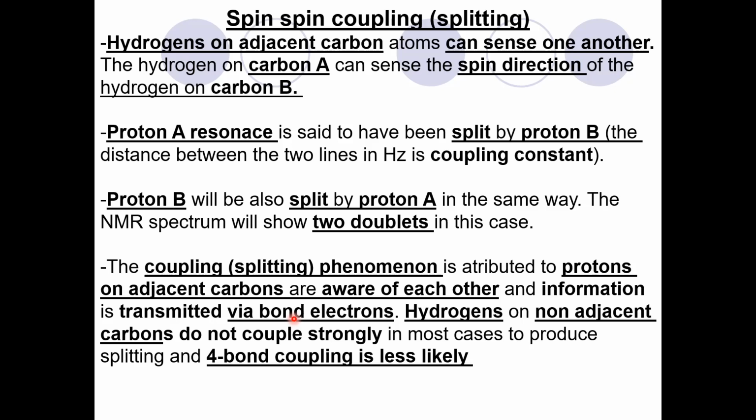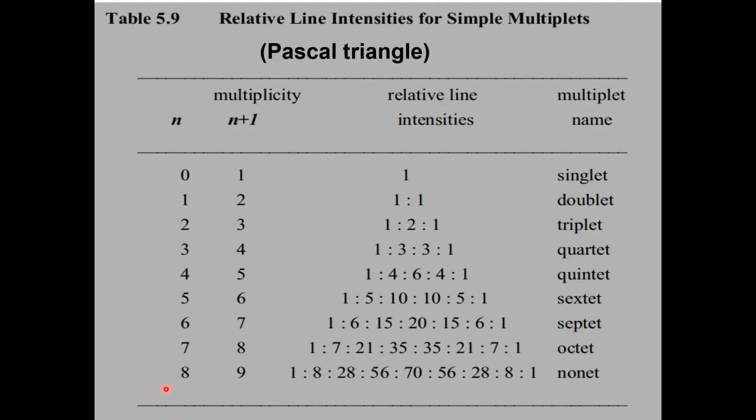Hydrogens on non-adjacent carbons do not couple. For example, protons separated by more than 3 bonds do not show this coupling phenomenon. This is called Pascal's triangle.